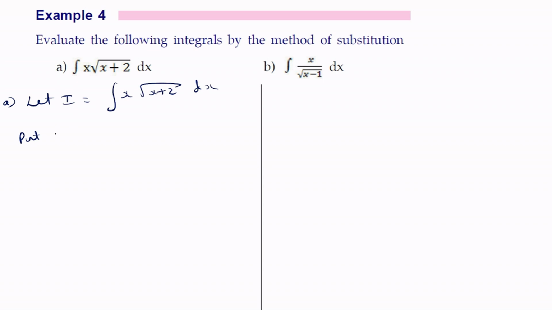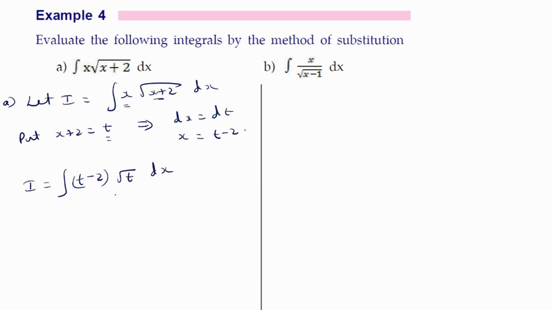Let us put x plus 2 equal to t. From this we get dx is equal to dt and x will be t minus 2. So the given integral becomes, in place of x we put t minus 2, and in place of x plus 2 we put t into root t. dx is dt.